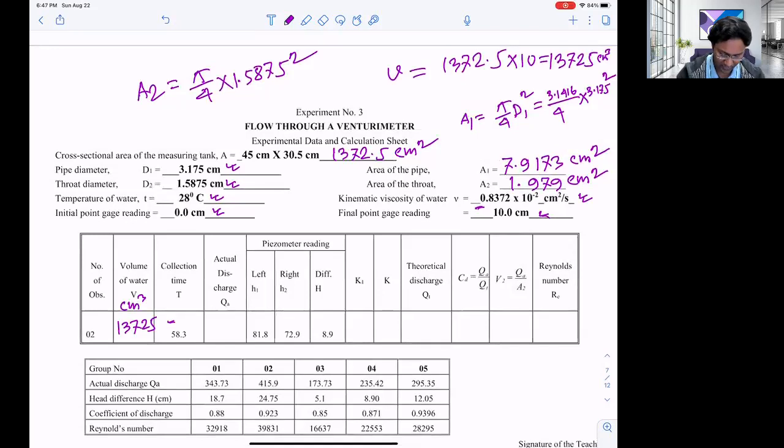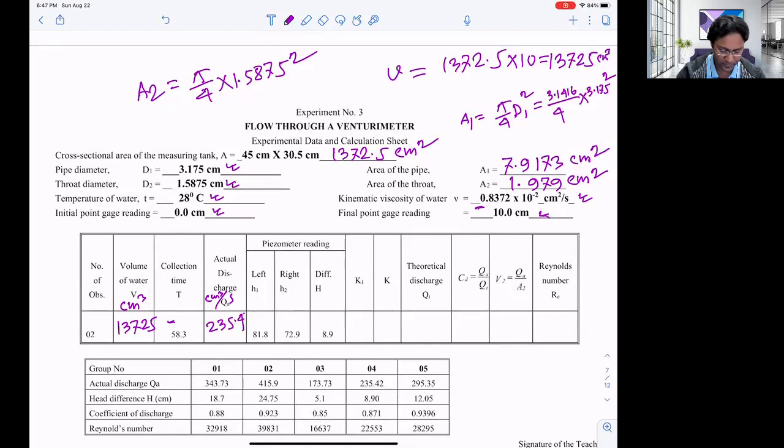So we are getting 235.42 centimeter cube per second, the actual flow rate for that specific group.